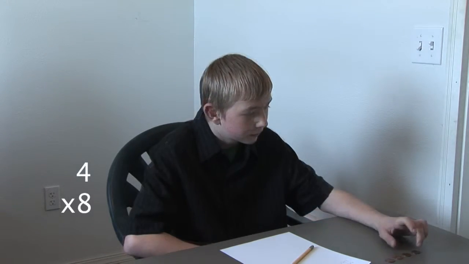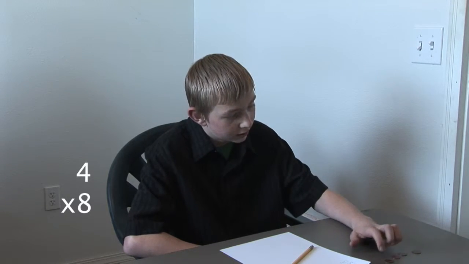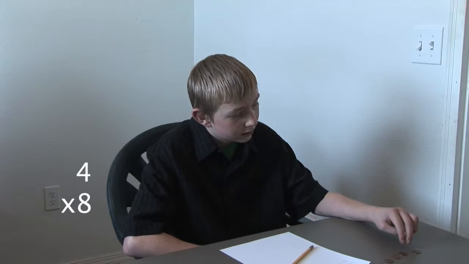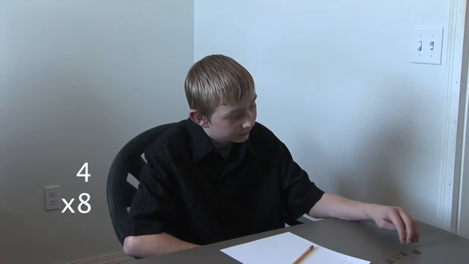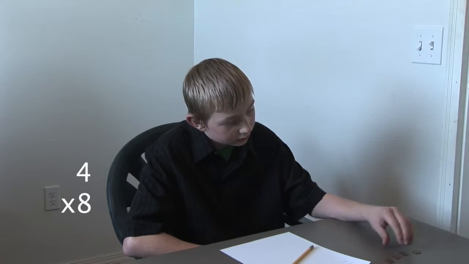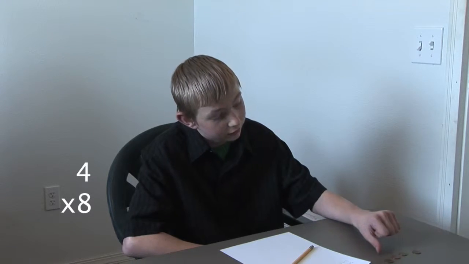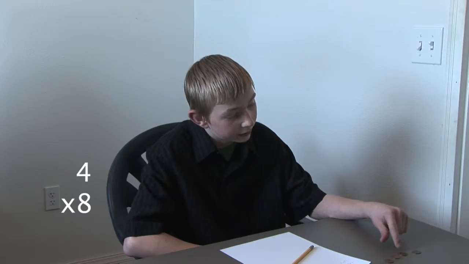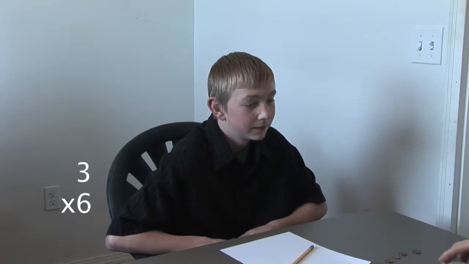Okay. 1, 2, 3, 4. Right. 5, 6, 7, 8, 9, 10, 11, 12, 13, 14, 16, 20, 22, 23, 24, 26, 28, 29, 30, 31, 32. So the answer is 32. Answer? 18. 18.